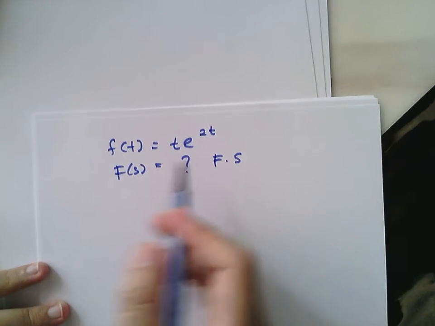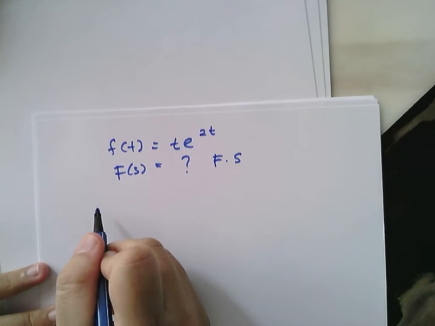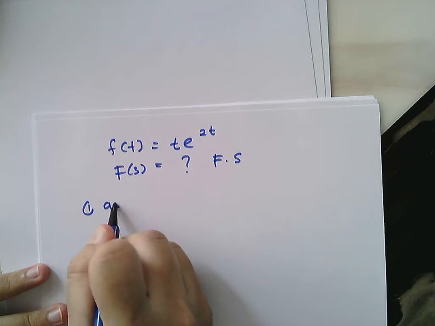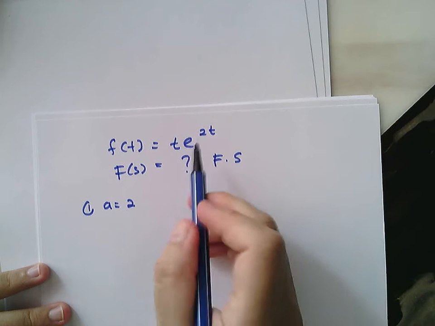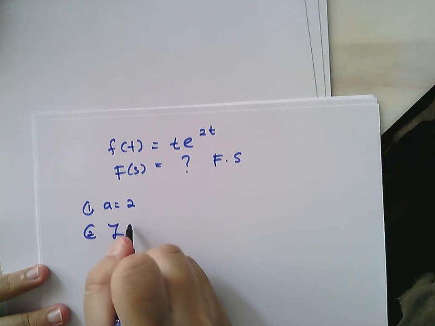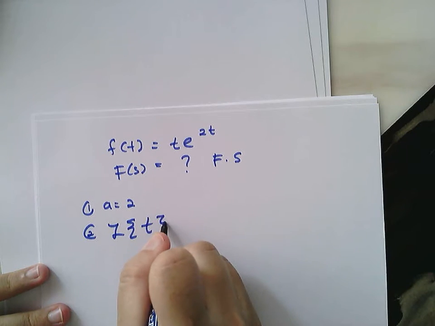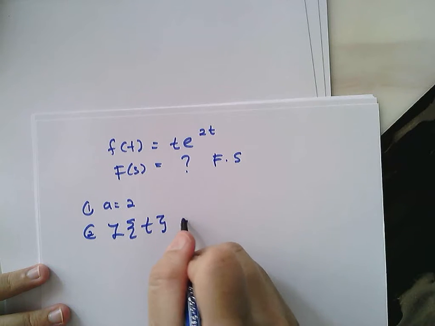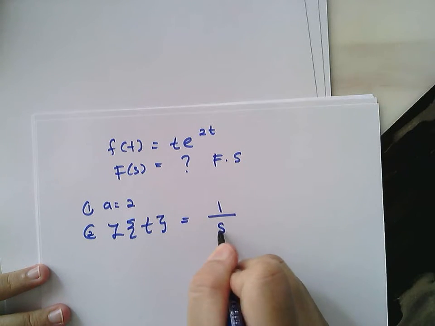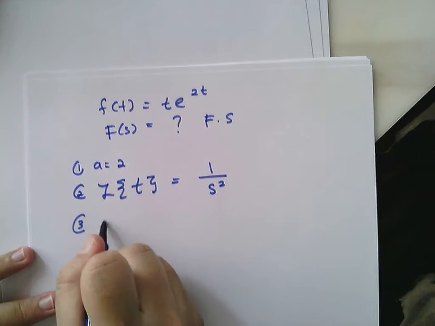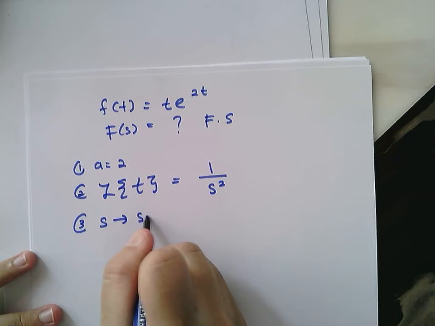To solve this one, you need to know what your a is. Your a is equal to 2. Where did you get your a? From the exponent. The next step is to find the Laplace of f(t). Since your f(t) is equal to t, Laplace of t is equal to 1 over s squared. The last step, you replace s with s minus a.